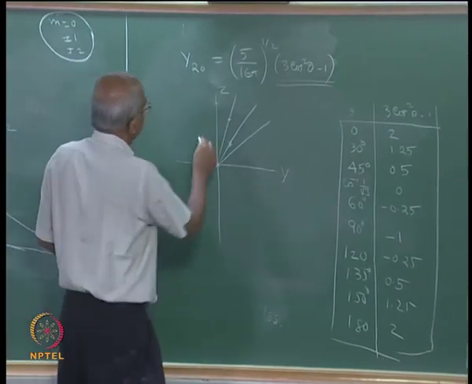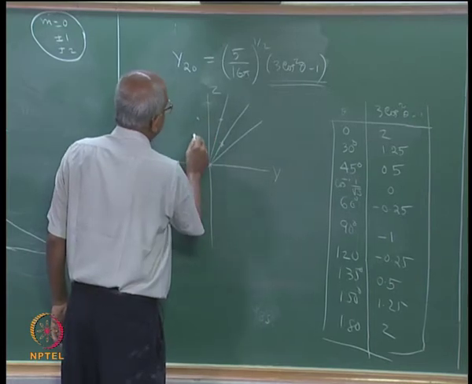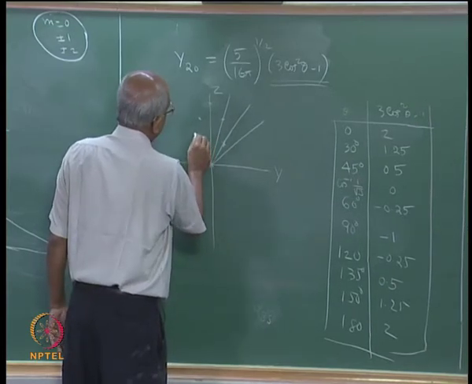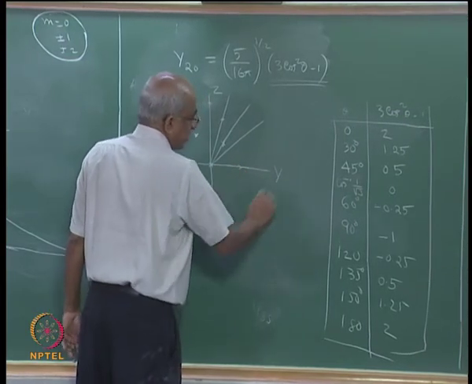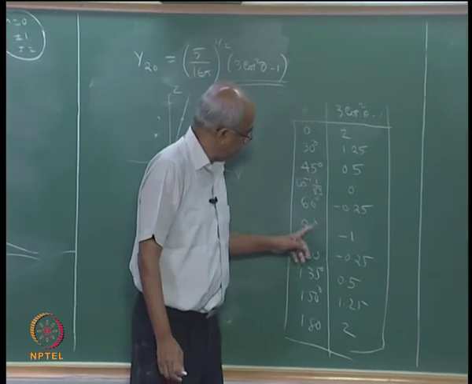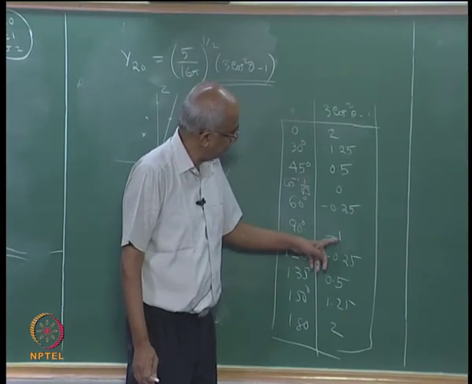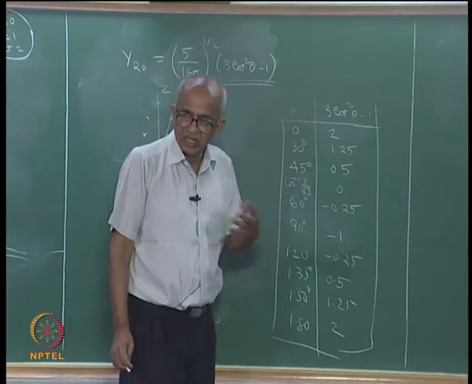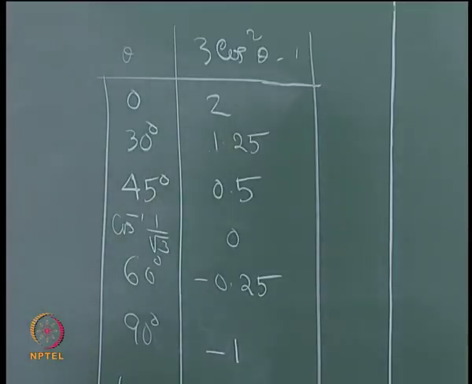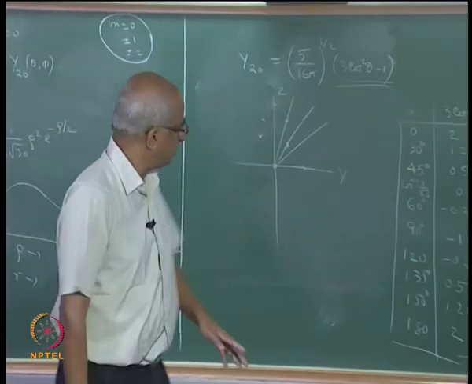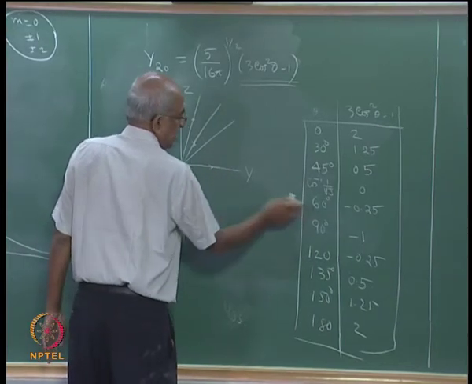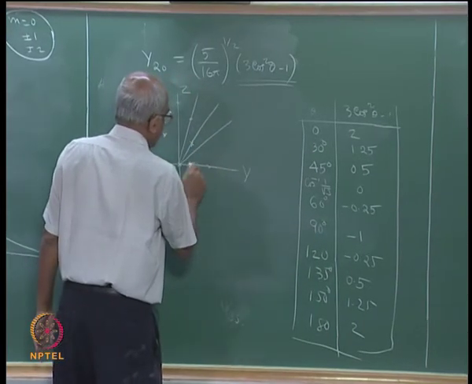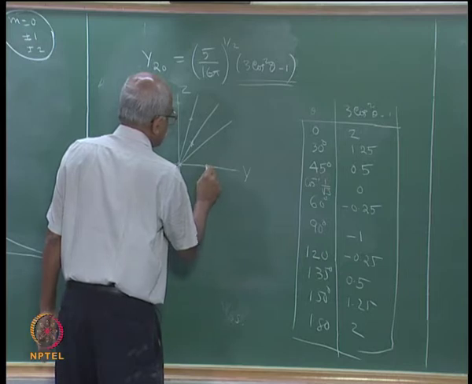You can do the same kind of thing on the other side. And then if you are thinking of the y axis, along the y axis I know theta is 90 degrees, the function is negative, but remember my prescription: if the function turns out to be negative, you forget the negative sign, which means that you are taking the magnitude. So, along the y axis we will put a point such that its distance from the origin is equal to 1 unit.